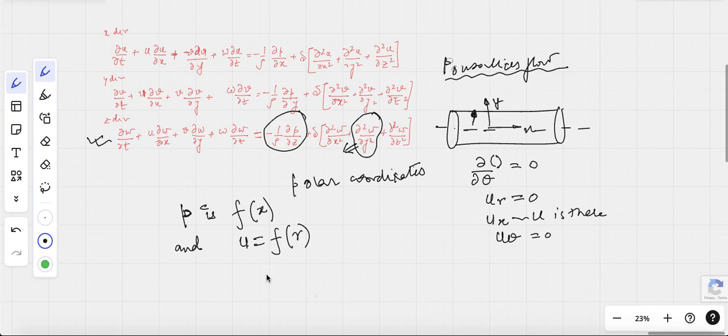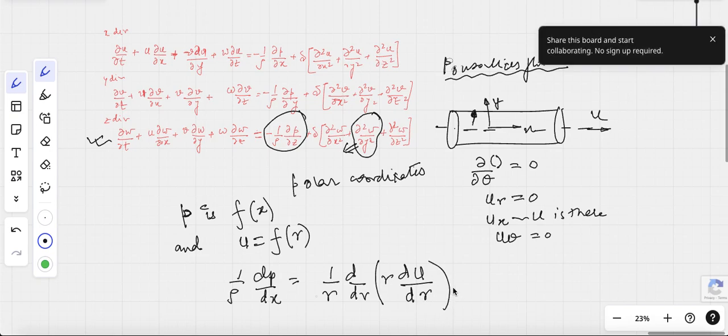So we will have 1 by rho dp by dx is equals to 1 by r d by dr of r du by dr, sorry, not ur but u, in this direction I'm calling the velocity as ur, right?